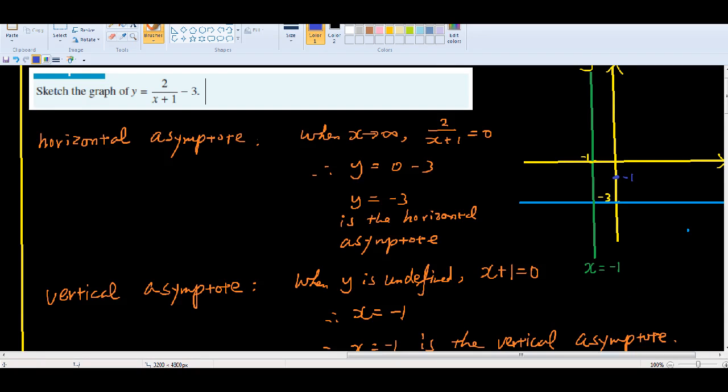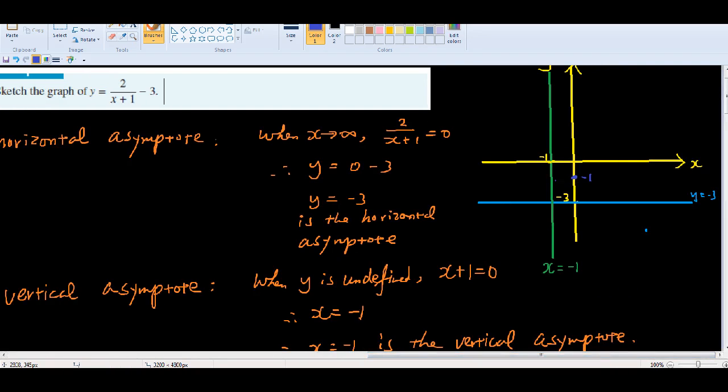Basically, if you want to have a rectangular hyperbola, and you want to approach two asymptotes, and also pass through -1 as the y-intercept, then you have to draw the curve like this, right? Otherwise it's impossible for you to draw the curve. Let me draw it properly.